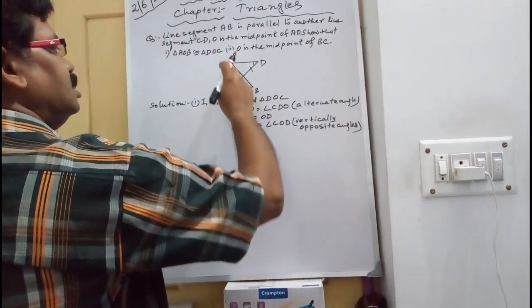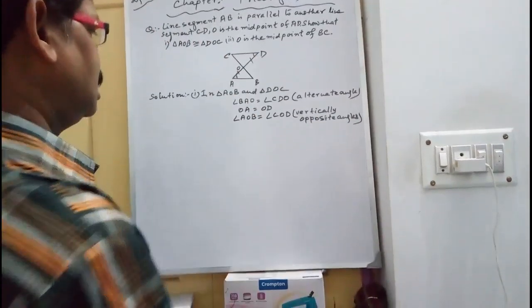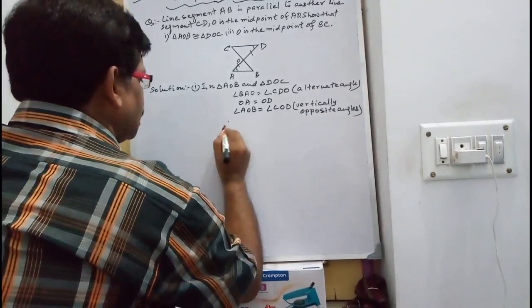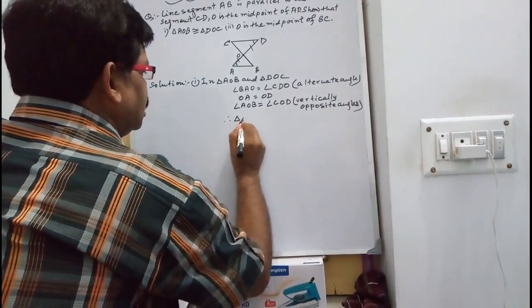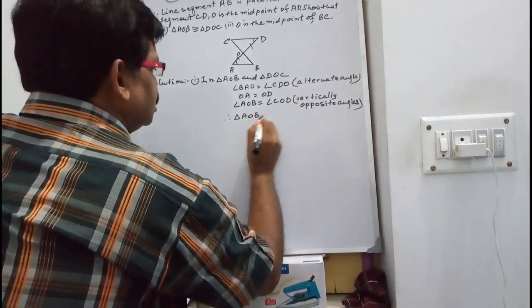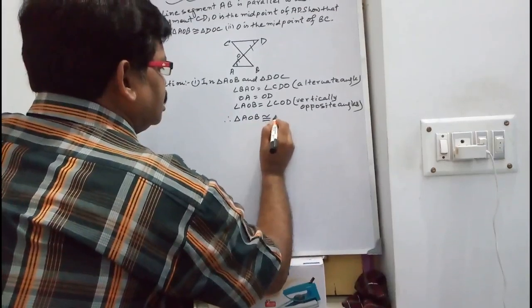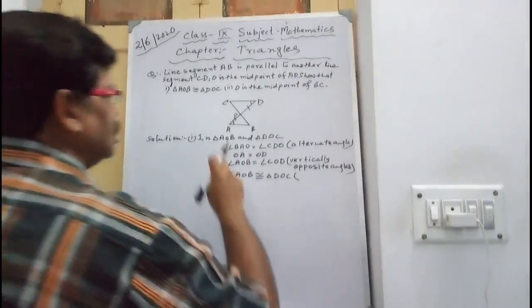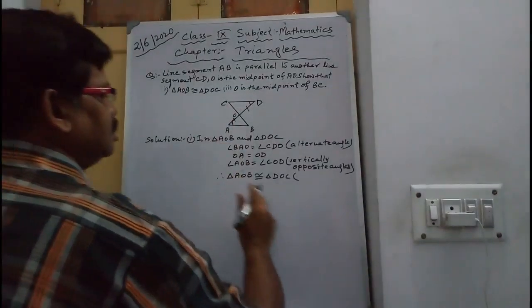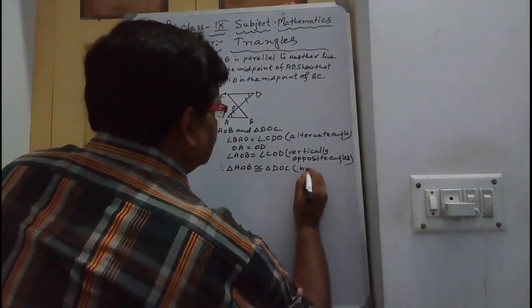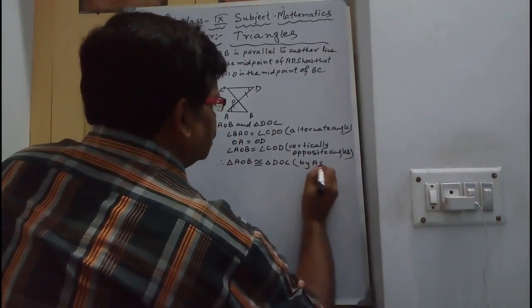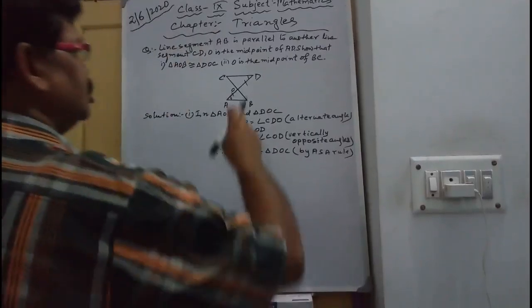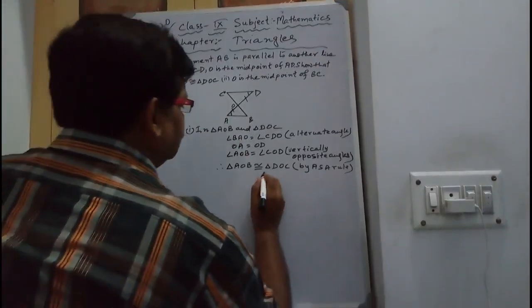So triangle AOB is congruent to triangle DOC, angle side angle, by ASA rule. So number one is proved.